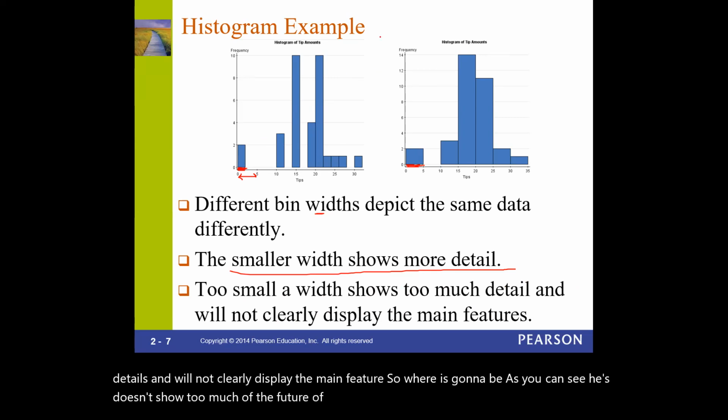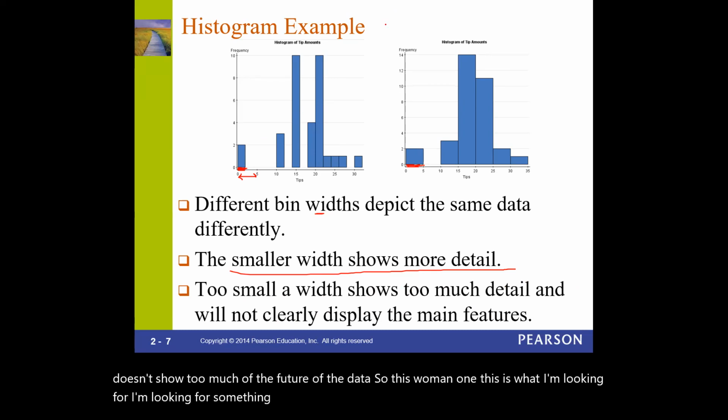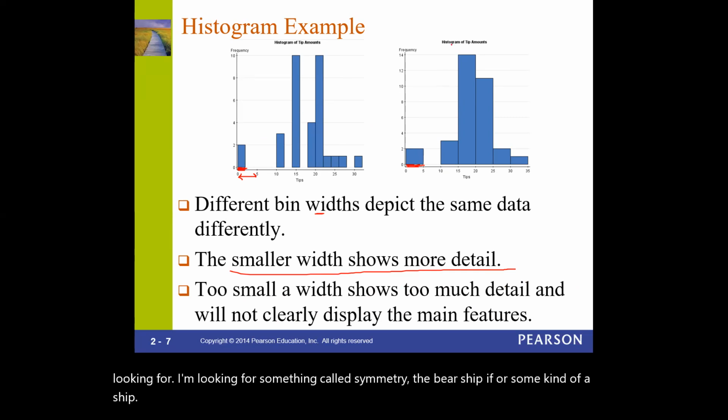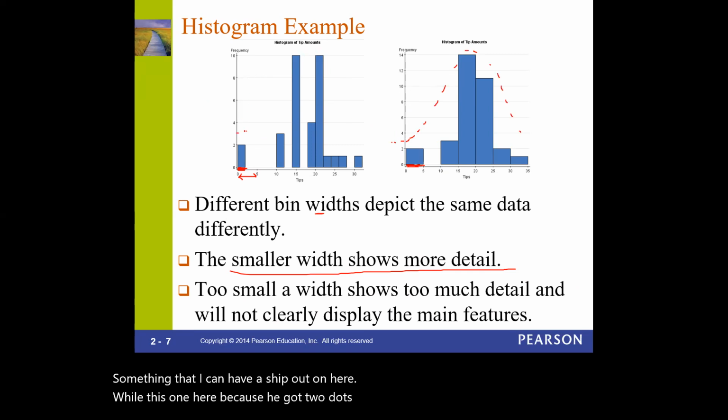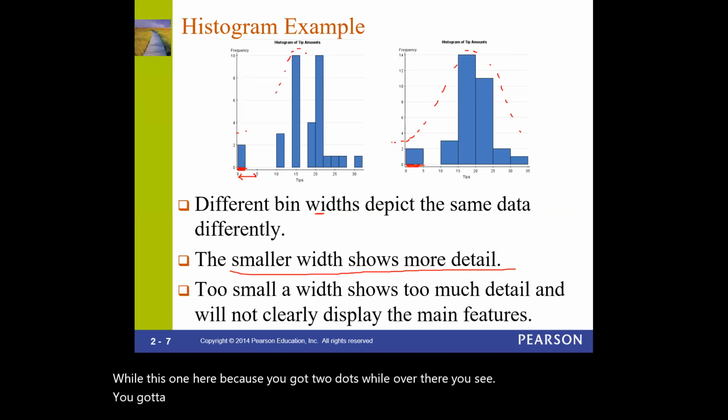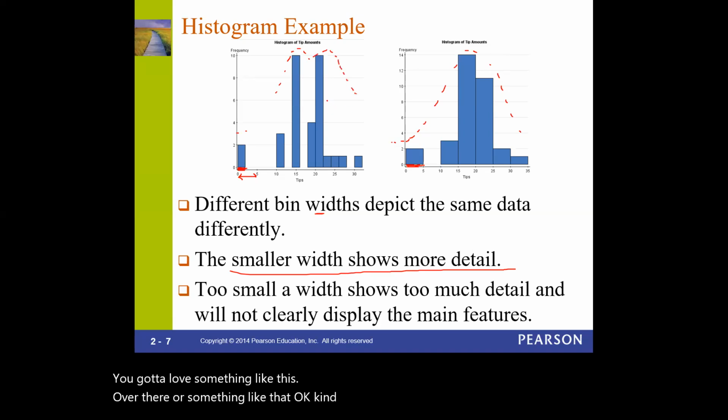Remember, this is what I'm looking for: something called symmetry, the bell shape if needed, or some kind of a shape. If I use a bigger width right here, I can have a shape like that. While this one here, because you got two dots right over there, you can have something like this. Kind of hard to see.